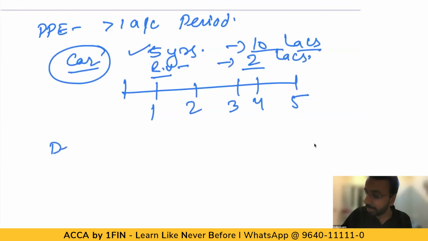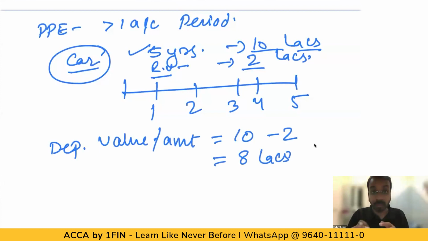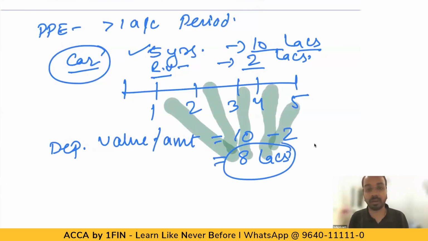Then the depreciable amount is 10 lakhs minus 2 lakhs, which is 8 lakhs. I will apportion this net depreciable value, or charge it, to each of these years: year 1, year 2, year 3, year 4, and year 5.